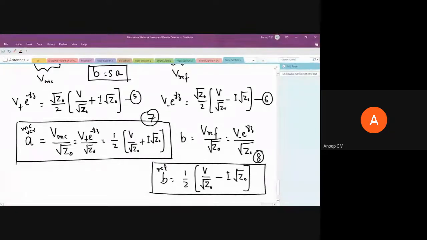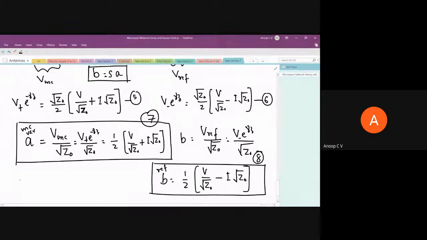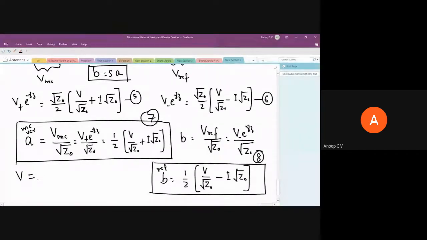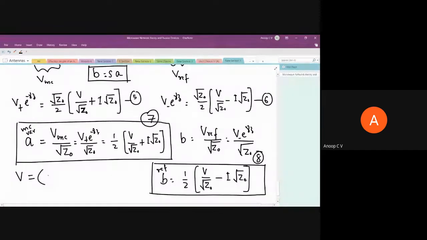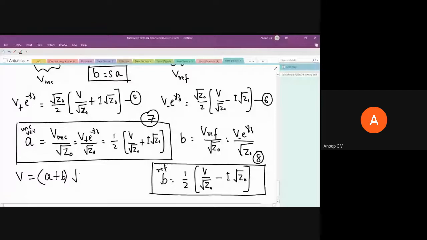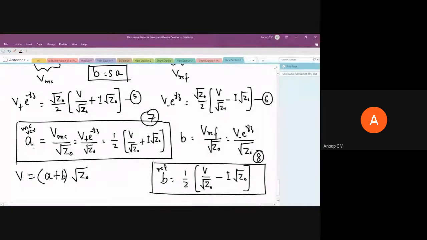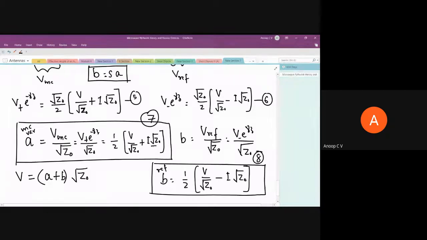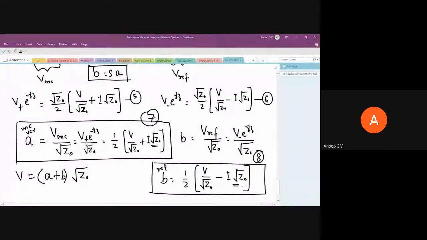So from 7 and 8, I can straight away write V in terms of A and B. Please verify this: V is equal to A plus B times root of Z naught. If you add A and B, half V by root Z naught plus half V by root Z naught gives V by root Z naught, and the half I root Z naught and minus half I root Z naught get cancelled.